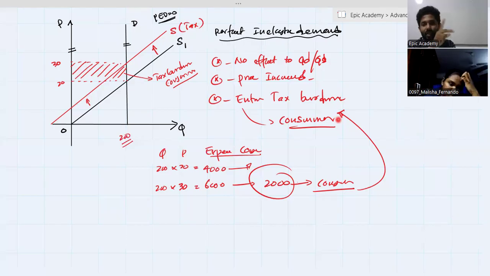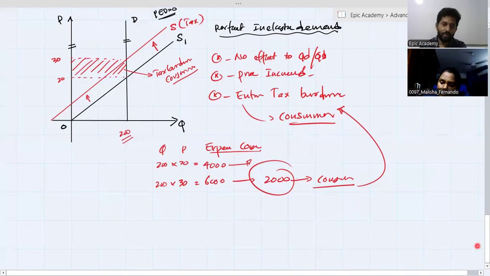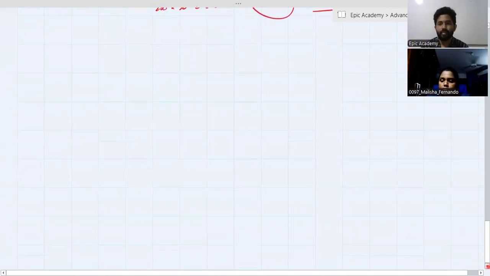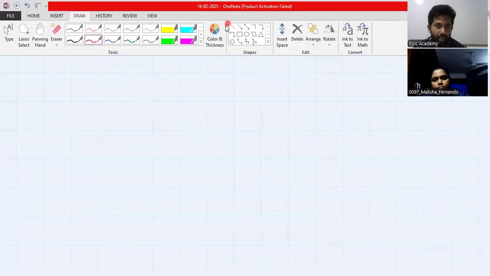Producer's tax burden 0, consumer tax burden 100. 100%, 0%. This is a change. The main impact of that kind of behavior is elasticity, the elasticity of demand and supply. And next one.